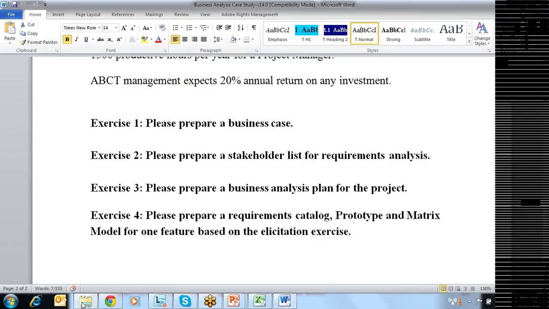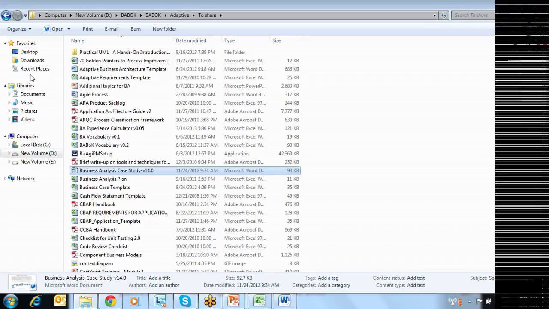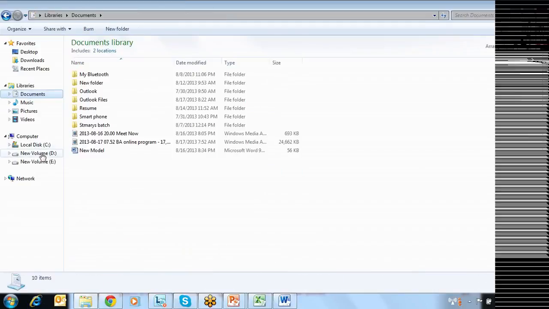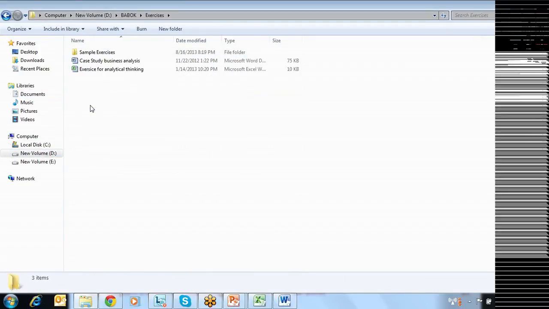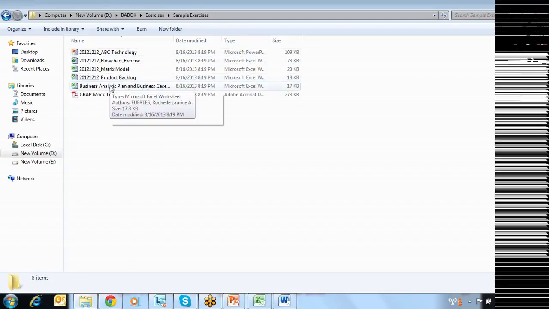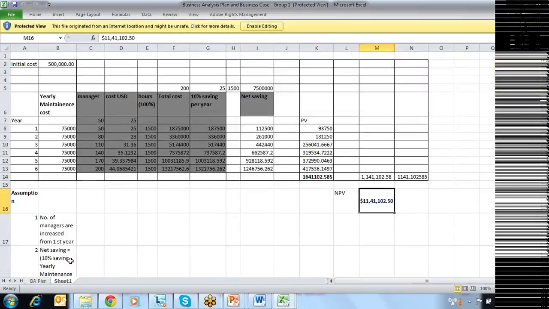I can quickly let you know what a few of our folks have done earlier in terms of a business case. In one of those, they clearly mentioned that over a period of 5 to 6 years, they're going to ramp up the project managers from 50 to 200.